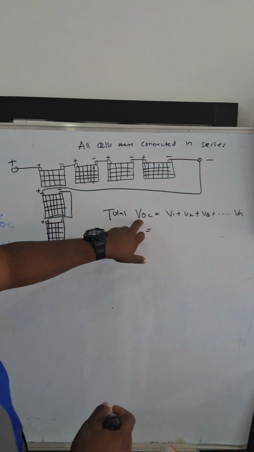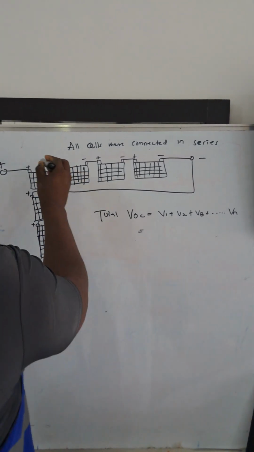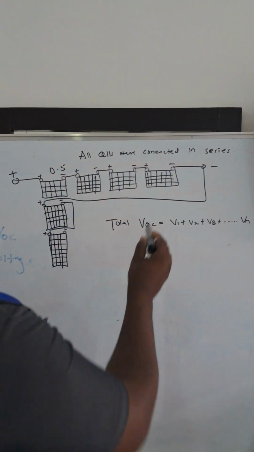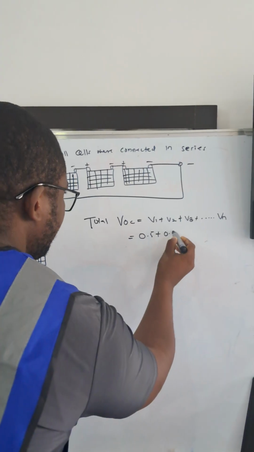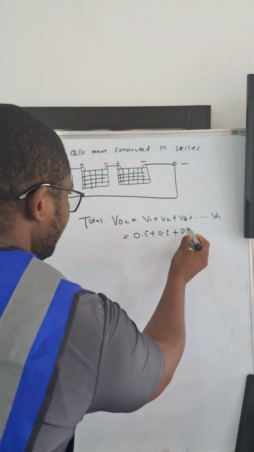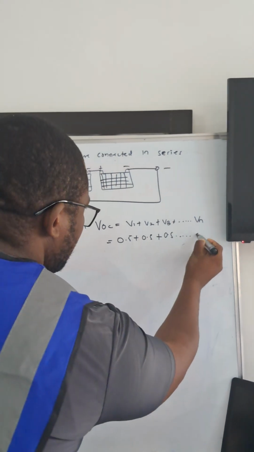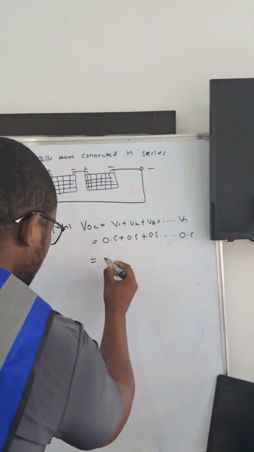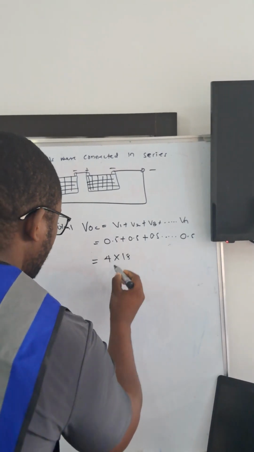Total VOC, which is total open circuit voltage. Since each cell is capable of producing a minimum of 0.5, if we take the minimum, we'll say 0.5 plus 0.5 plus 0.5 up to the last cell, which is 0.5. So if you are with me, we say 4 by 18, correct?